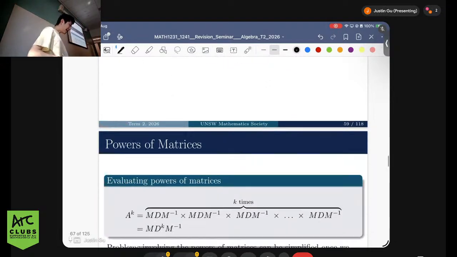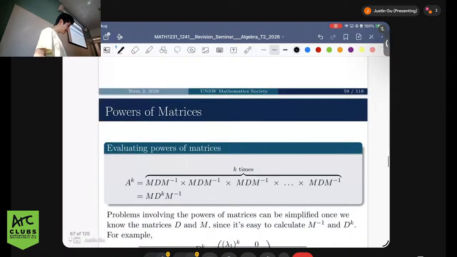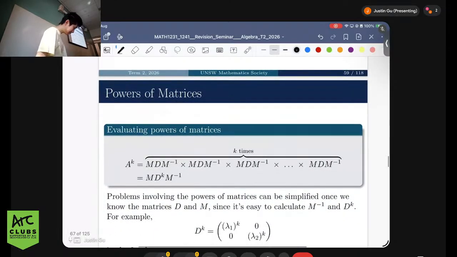So diagonalization makes it really easy to power matrices, right? Because if I have A squared, I'd get M times D times M inverse times itself, right? But then the M inverse and M here cancel to be the identity, right? So this cancels, this cancels, this cancels, and so on.